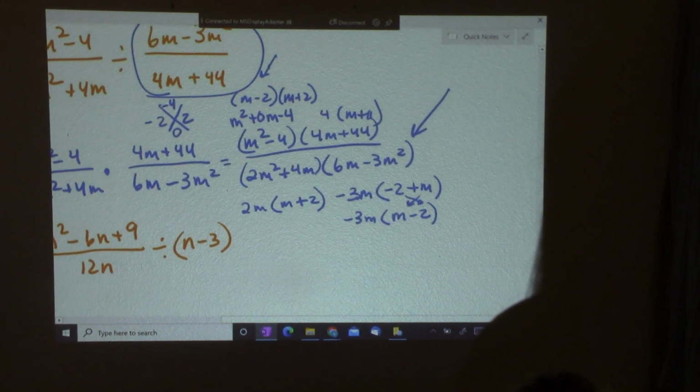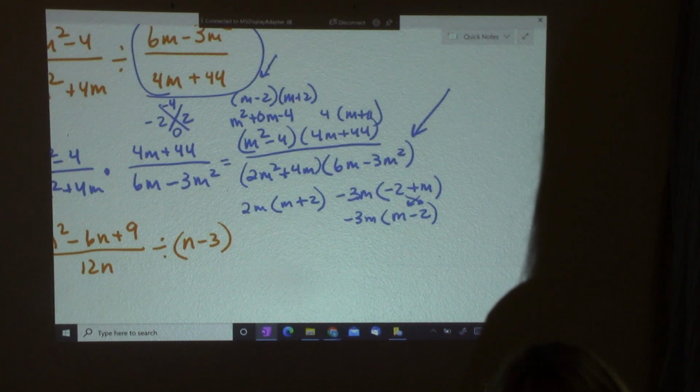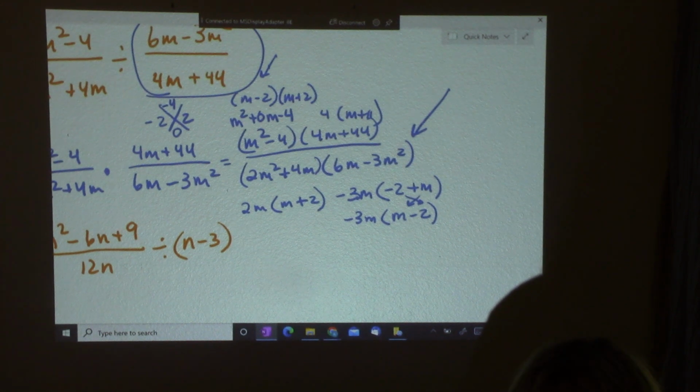I want to be able to cross things out wherever I can. And I can choose to factor out a negative number if I want to. It's up to me. When I do it, I have to follow the rules. I can choose to multiply something. I can choose to factor anything out. But once I make that choice, I have to do it correctly, according to the laws and rules of math.